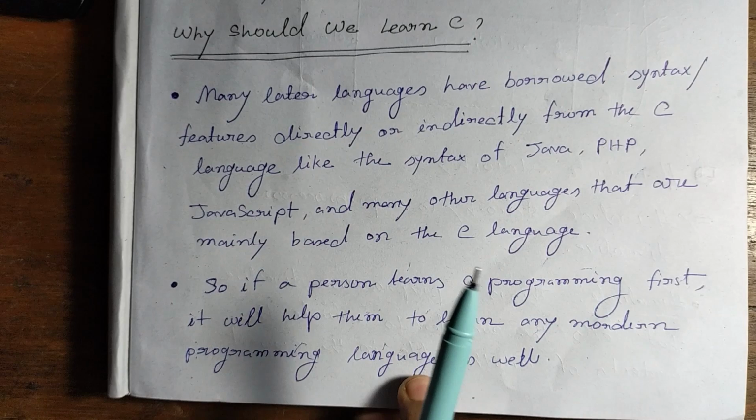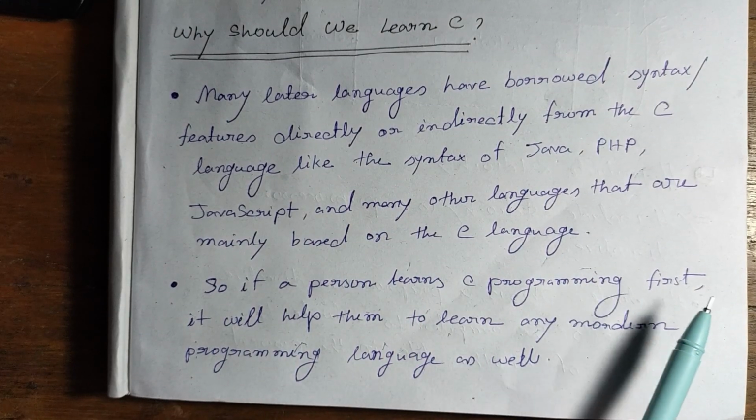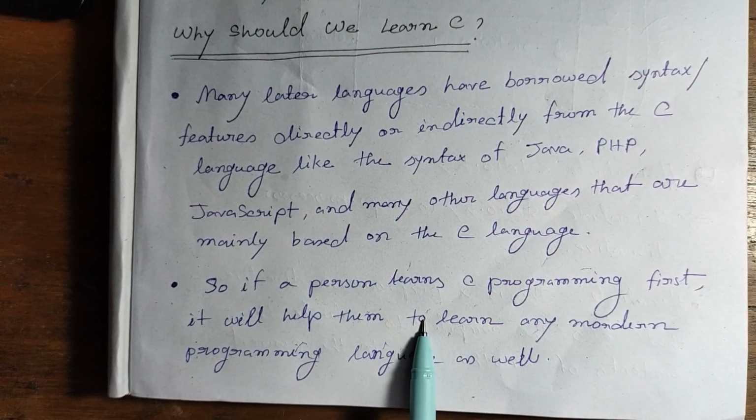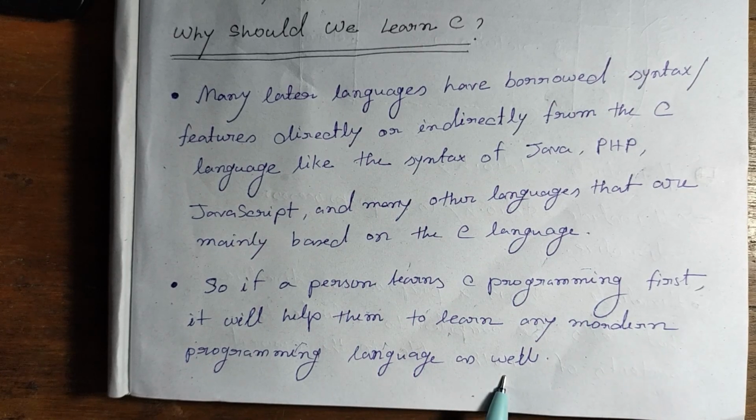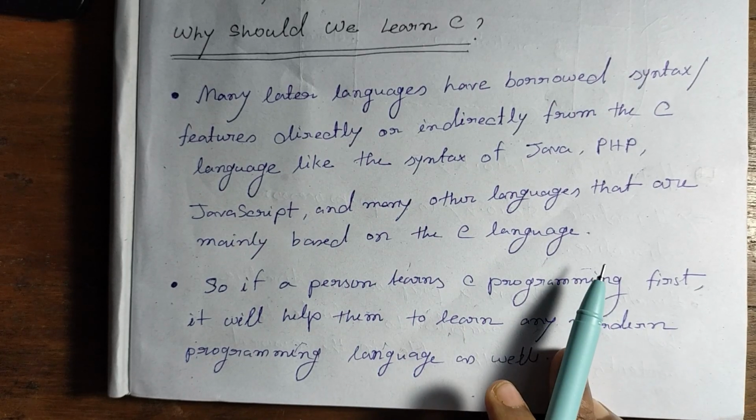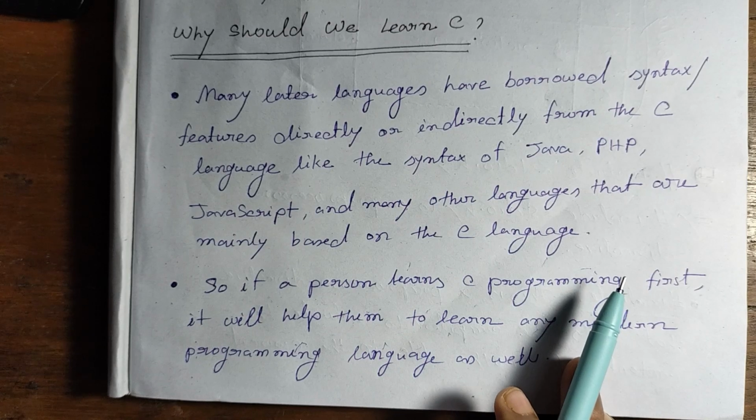If a person learns C programming first, it will help them to learn any modern programming language as well. So if we have to learn programming first, we should learn the C language first.